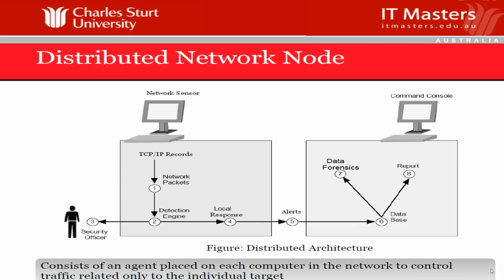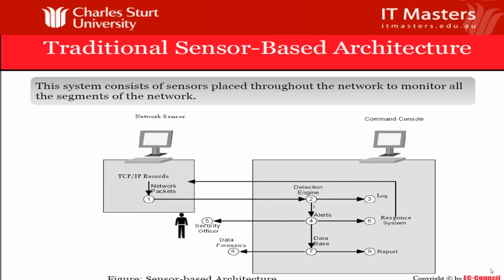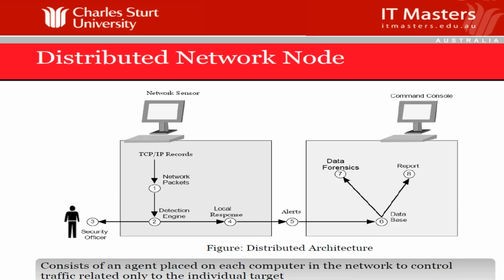If you compare both of them, the traditional sensor-based one is a bit more detailed, but the distributed network node consists of an agent placed on each computer in the network to control the traffic. You have to install this agent on every computer.